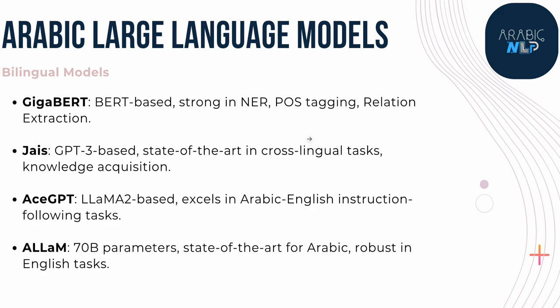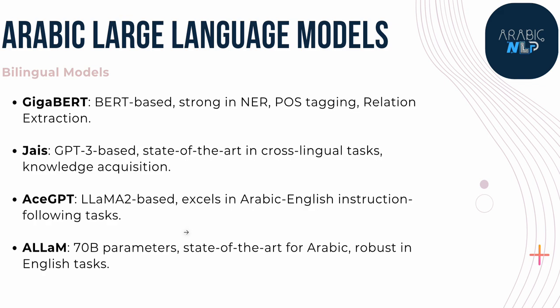We have another category, which is the bilingual models, and they are bridging Arabic and English, enabling cross-lingual capabilities. GigaBERT leverages BERT for tasks like named entity recognition and part-of-speech tagging across both languages. Jais, AceGPT, and others are LLMs that are very large in size, starting from 13 billion, reaching 70 billion, let's say.